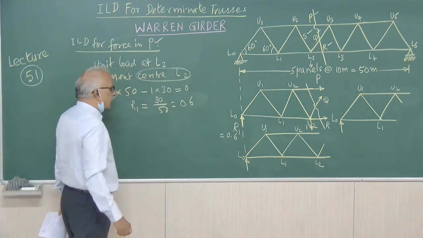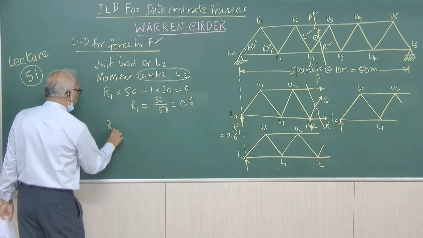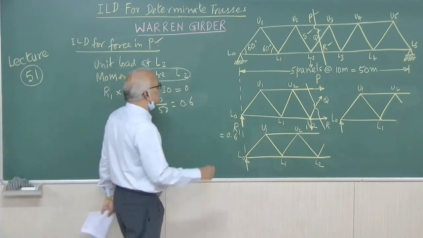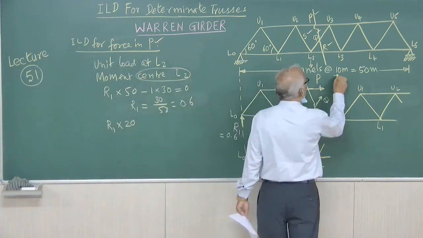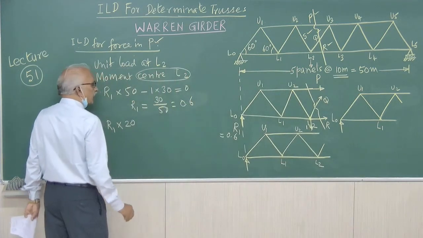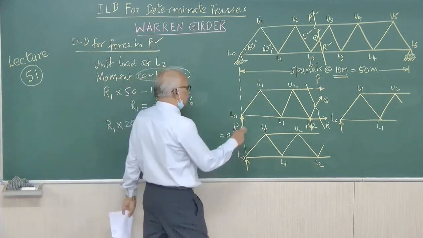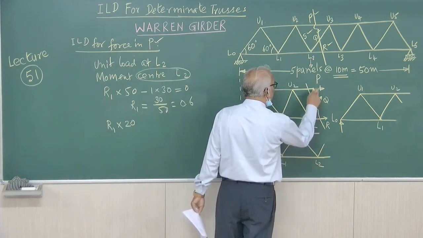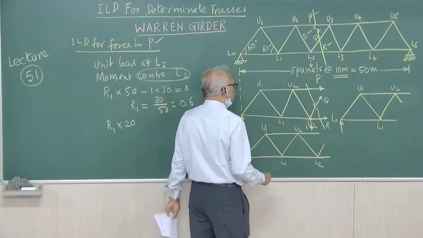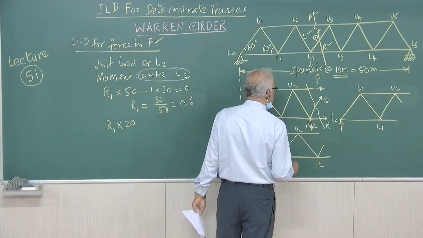So, when we take moment about L2, R1 into 20 meters, because each panel equals 10 meters. Therefore, R1 into 20, and plus P into the height of the truss. We know in the case of a Warren truss, all angles are 60 degrees.